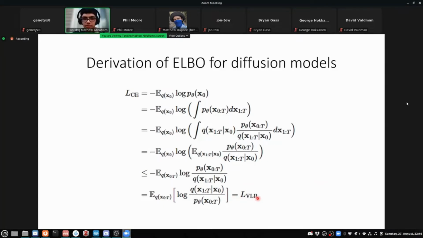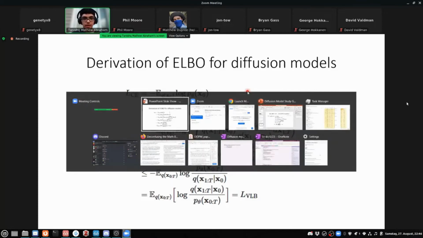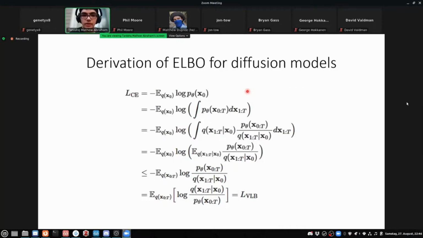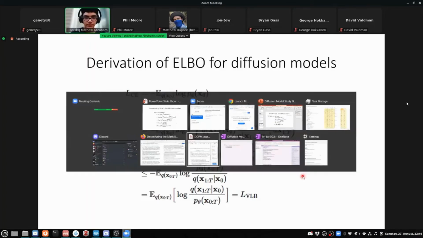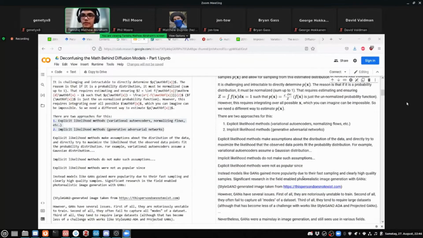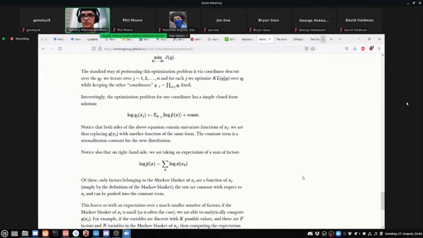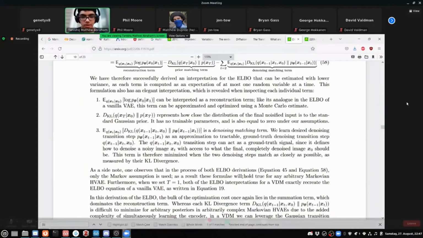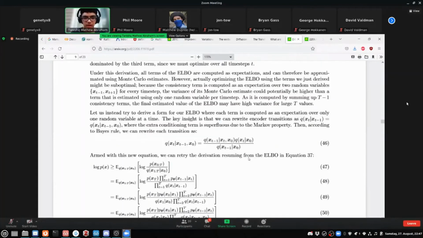Then I think there was another derivation in one of the links. Let's see here. I'm sharing my screen. Actually, I think it may have been from that tutorial that was shared just a couple of days ago.